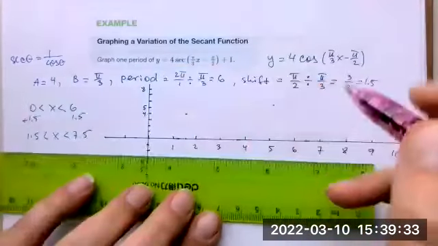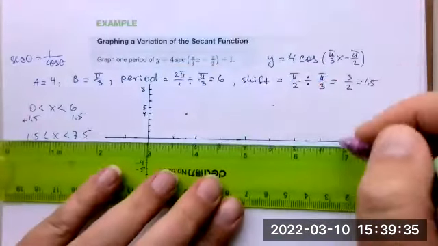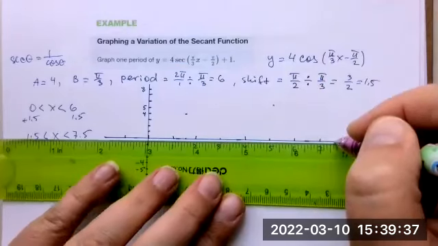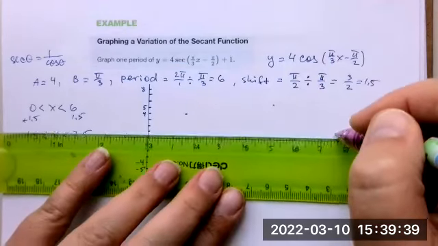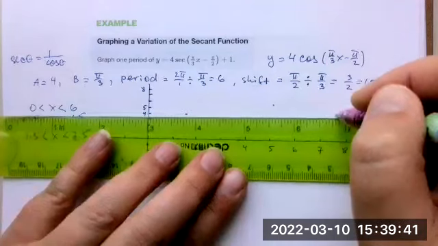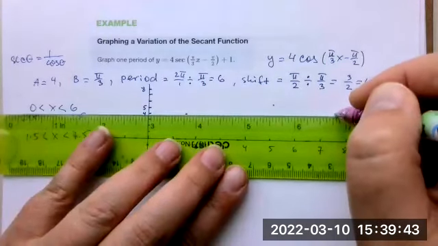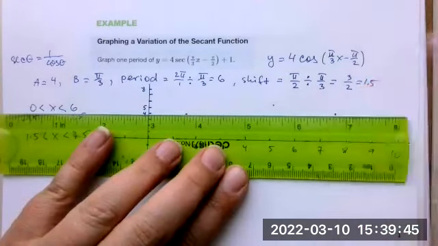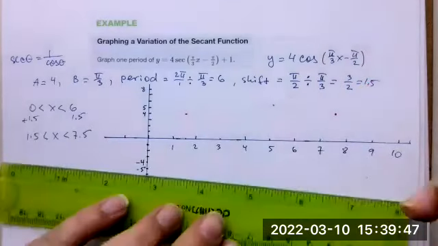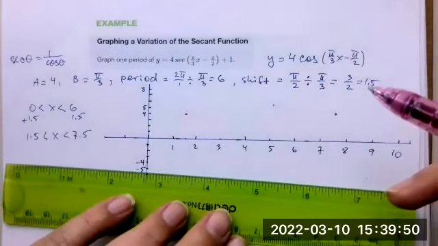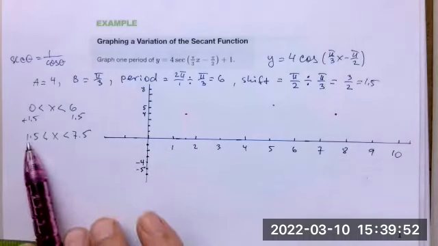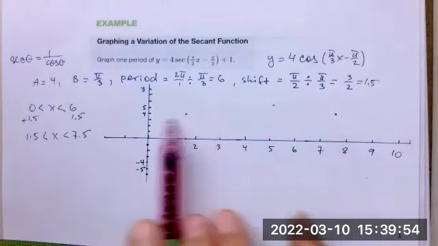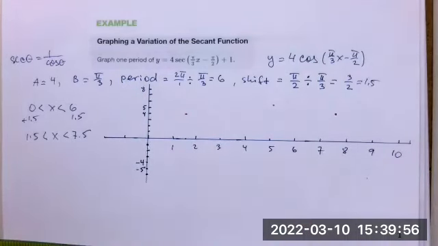And then it also is reaching its maximum at 7.5. So it goes to 4 as well at that point. It has its minimum midway between these 2 points.